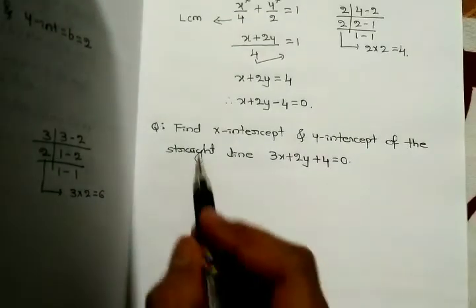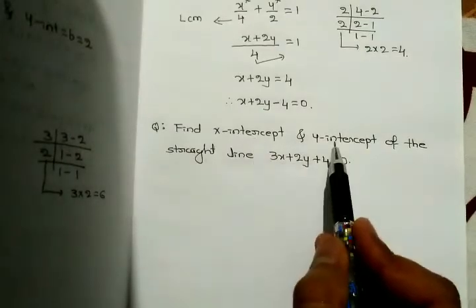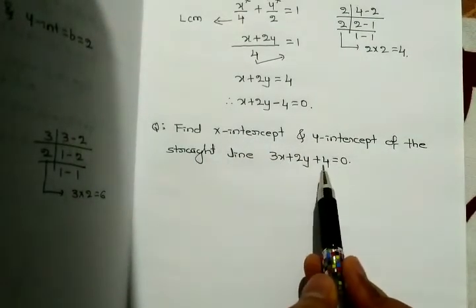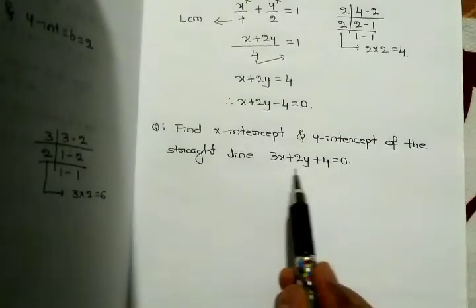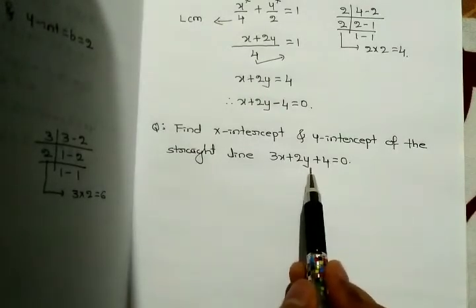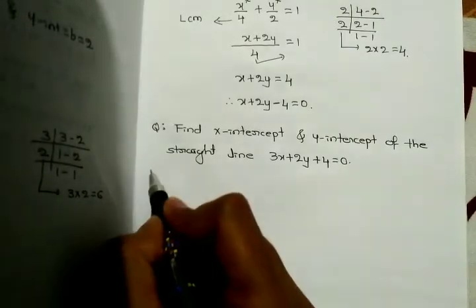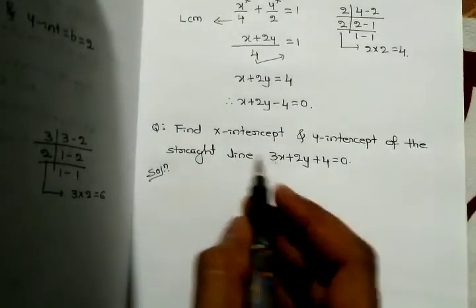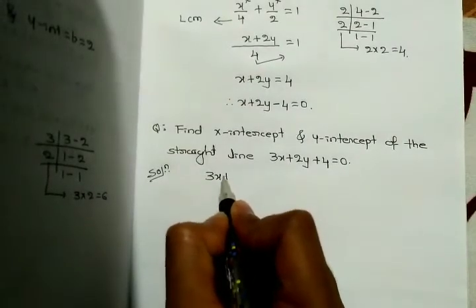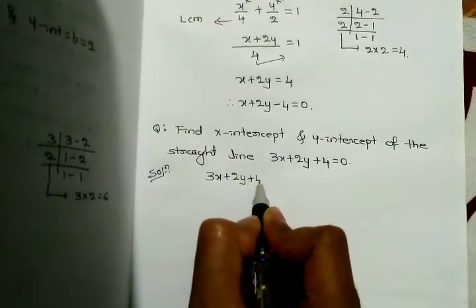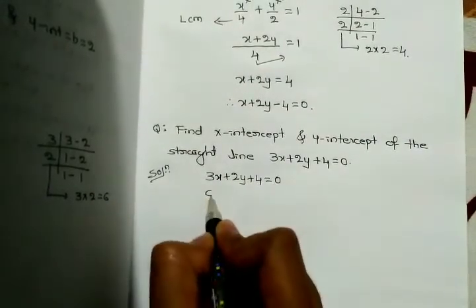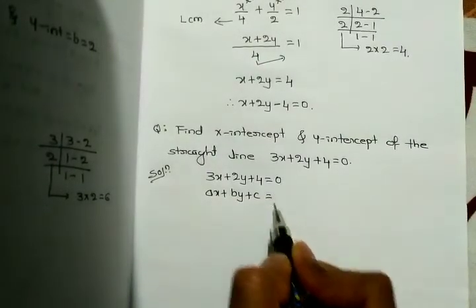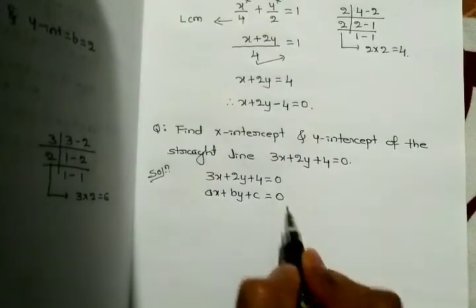Next question, find x intercept and y intercept of the straight line 3x plus 2y plus 4 equals to 0. Means here you need to find out the value of a and b. So solution, 3x plus 2y plus 4 equals to 0. So it is of the form ax plus by plus c is equals to how much? 0.